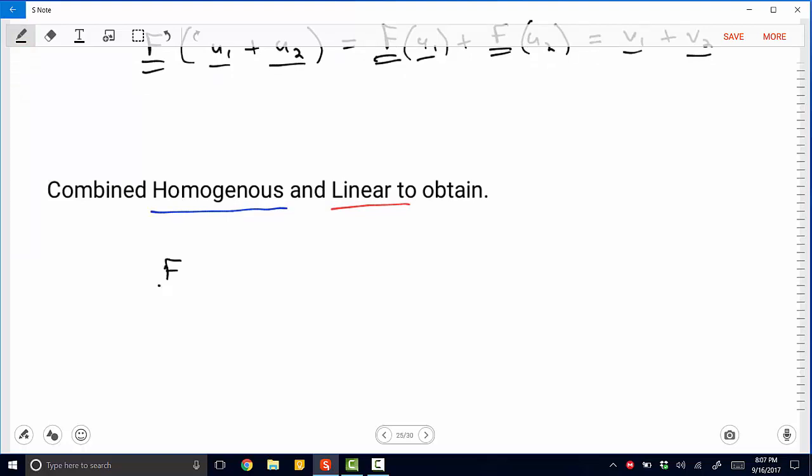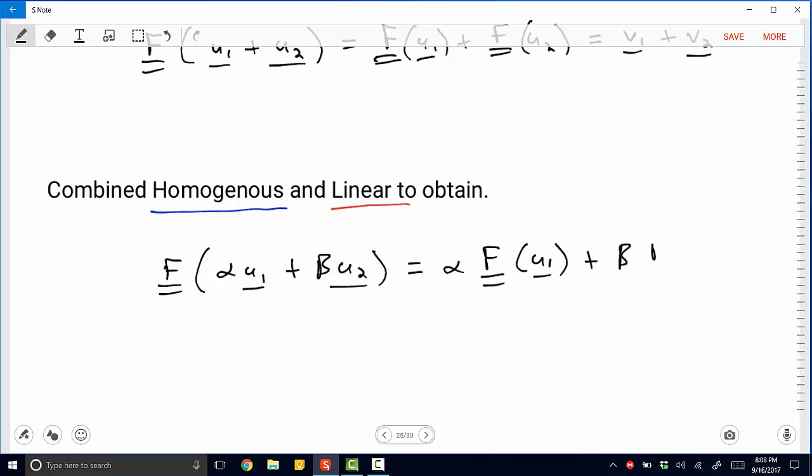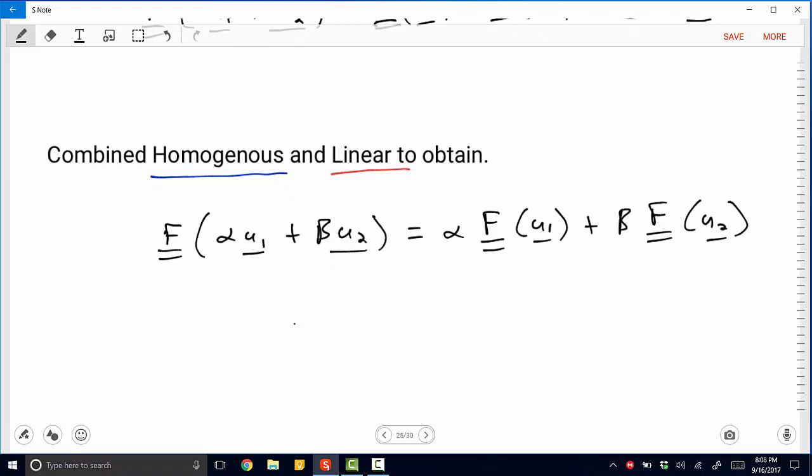We'll find that if f tensor is operated with a scalar alpha times a vector u1 plus a scalar beta times the input vector u2, then we could actually do this operation in a different order, so we could commute out our alpha times our tensor f times u1 plus beta times our tensor times u2, and then subsequently we could say that this is all equal to alpha v1 plus beta vector v2, right?